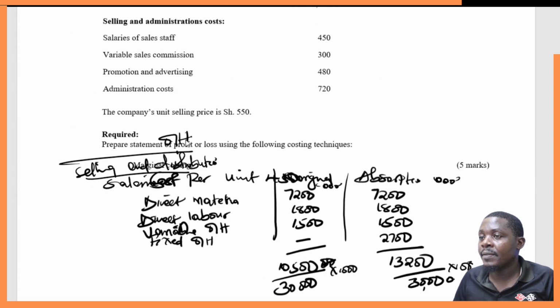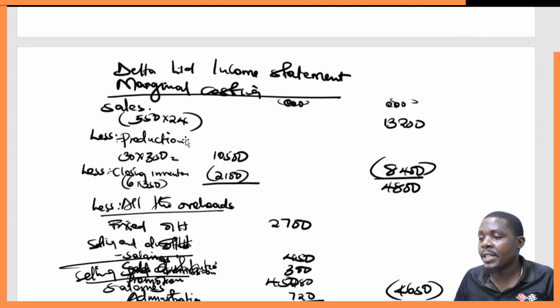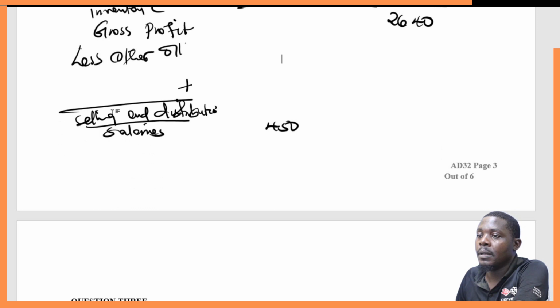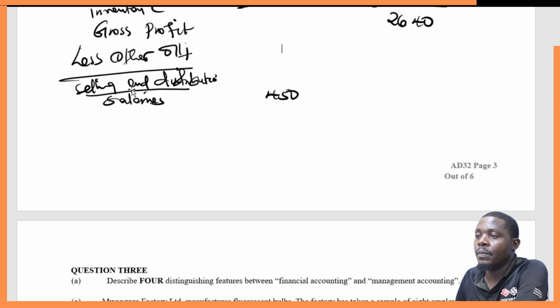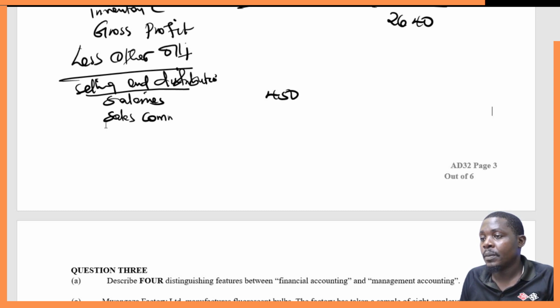Sales commission was 300, promotion and advertising 480.